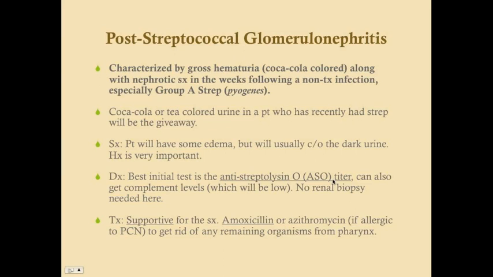If your ASO is positive, along with your history and symptoms, that's diagnostic for post-streptococcal glomerulonephritis. And the treatment here is going to simply be supportive, and we're going to want to give them amoxicillin or azithromycin if they're allergic to penicillin to get rid of any of the remaining strep pyogenes organisms from the pharynx.